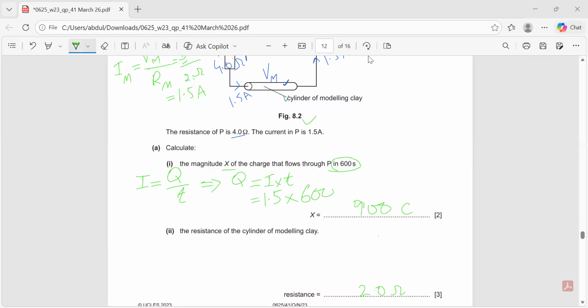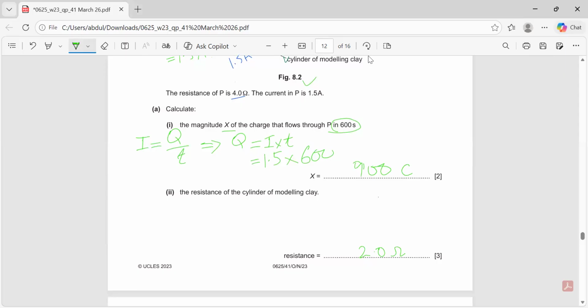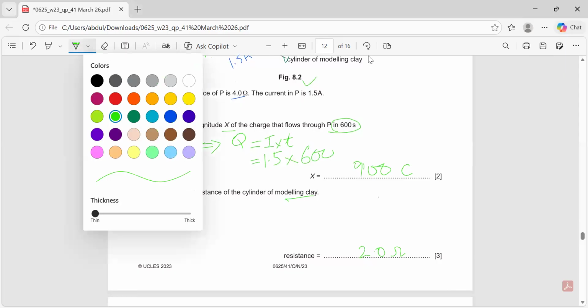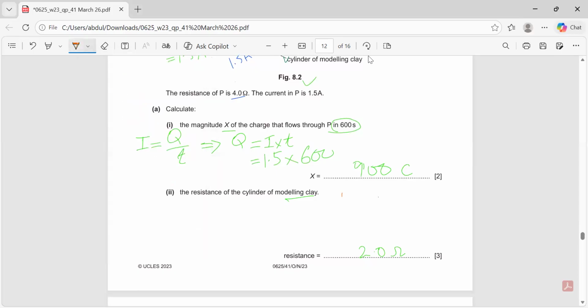Now our story starts where I was explaining the resistance of the modeling clay. Resistance of the modeling clay, my dear friends, let me write here something. Resistance of the modeling clay, Rm, will be equal to Vr over I. Current is the same, so no need to write IR.